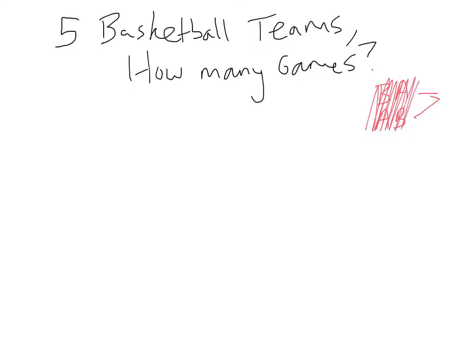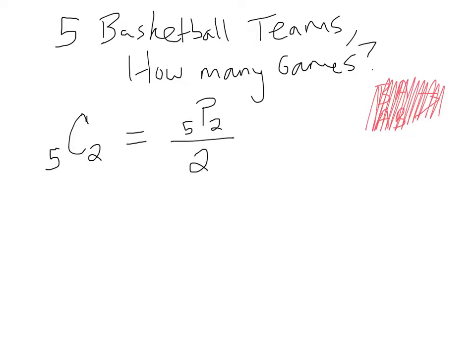Okay, so now that we're comfortable with the fact that it's a combination, let's consider the fact that we are choosing from 5 teams, and we're choosing 2 to play at one time. How many combinations do we have? Well, any combination is the same as the permutation of 5 choose 2 over what you're choosing, the r, factorial.